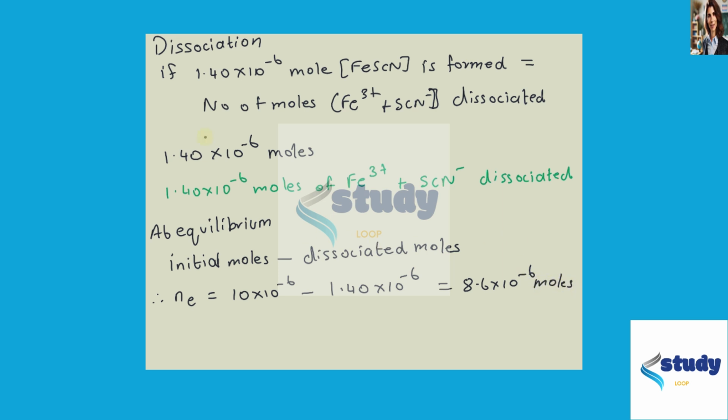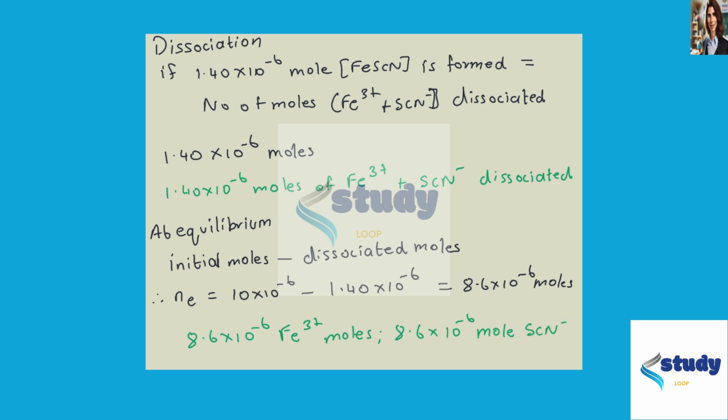Therefore, at equilibrium, 8.6 × 10^-6 moles of Fe3+ and 8.6 × 10^-6 moles of thiocyanate ion will be present.